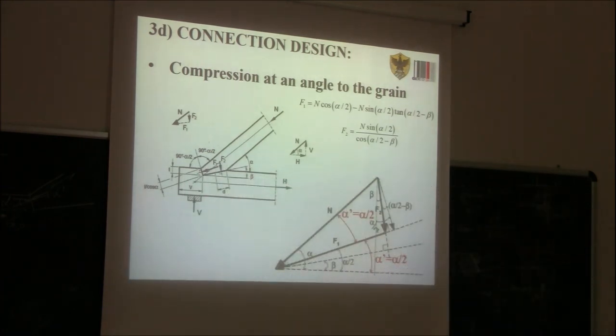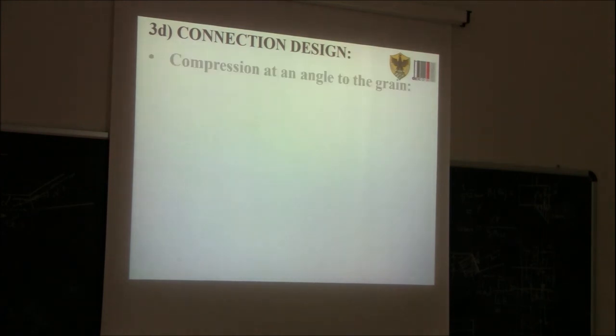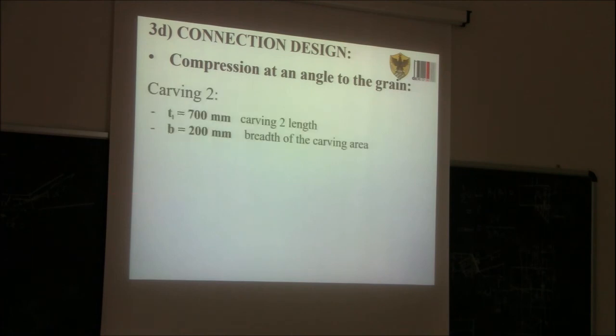And we need also to understand along this surface what is the inclination of the force with respect to the grain in the rafter and in the tie beam. So the length of the carving is 100 millimeter, the breadth is 200 millimeter, the force is much lower, this time 24 kilonewton. We have an eccentricity to take into account, 110 millimeter.